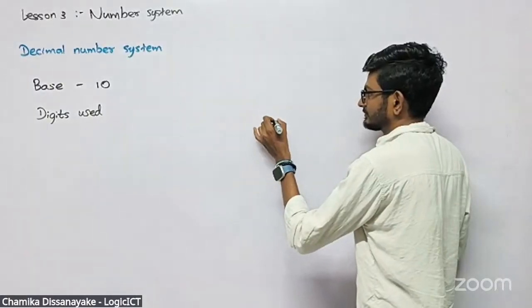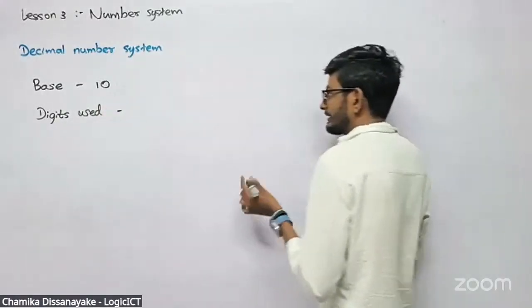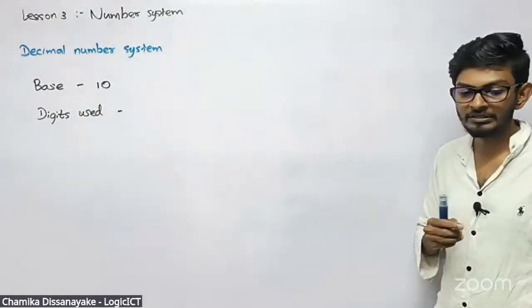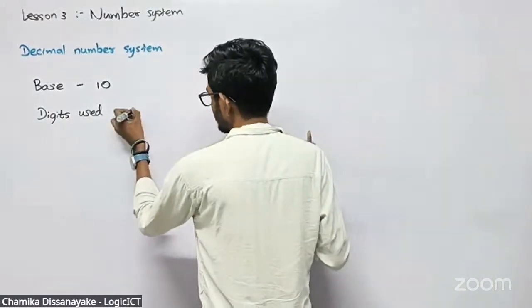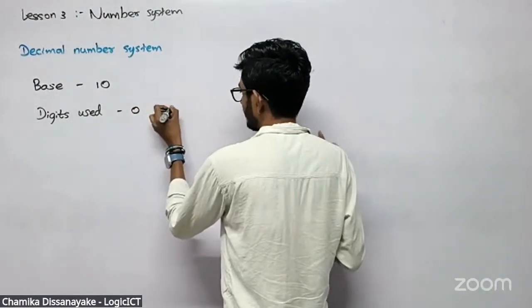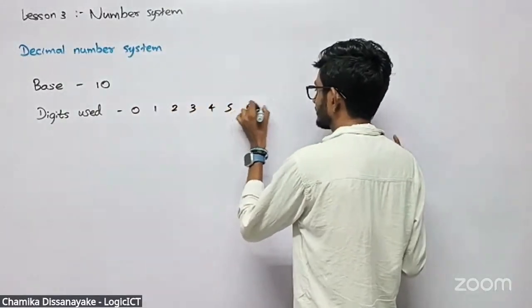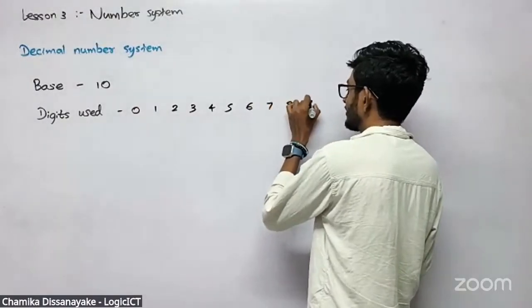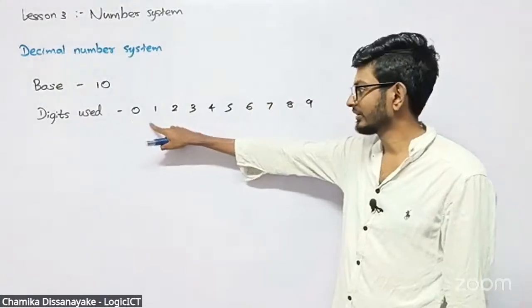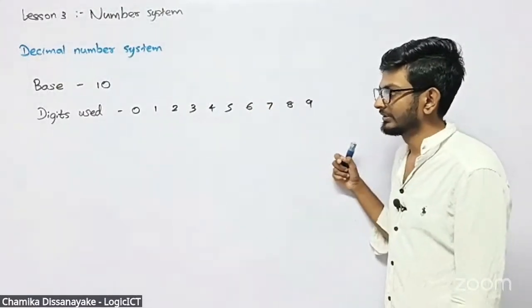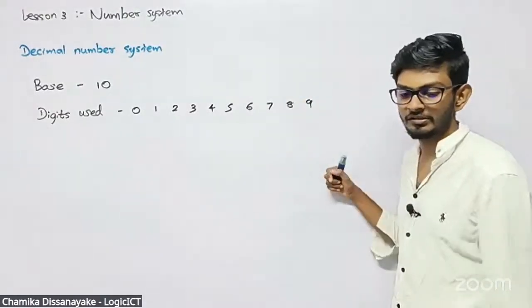Here we are going to use 10 different symbols, that means 10 different digits. What are those? 0, 1, 2, 3, 4, 5, 6, 7, 8, 9. So when we count from 0, there are 10 different digits. We can call these digits, as I told you earlier.